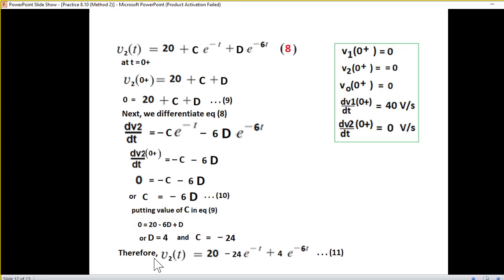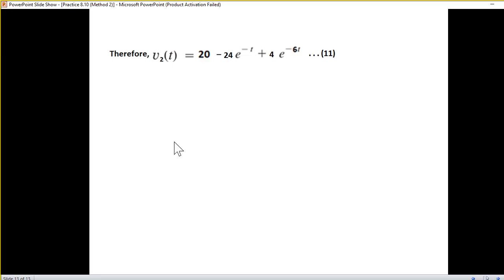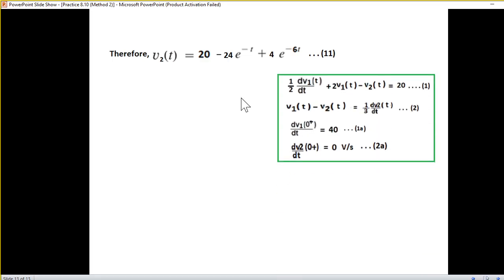And so our V2 equation with all values done is 20 minus 24 e raised to the power minus t plus 4 e raised to the power minus 6t. So V2 we have, now we need to find V1. We'll use the original equation for this.